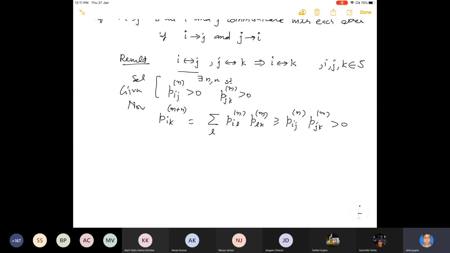Okay, so from here, what you have done: i is this one, j is this, so therefore k is accessible from i. Similarly, i is accessible from k. So therefore, this happens.